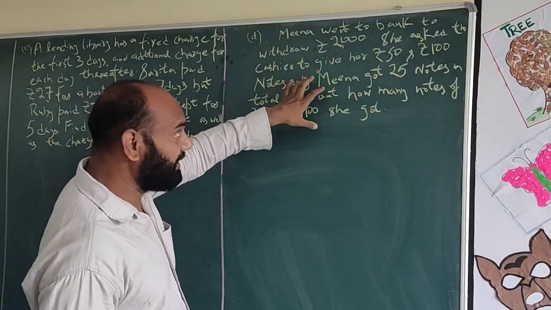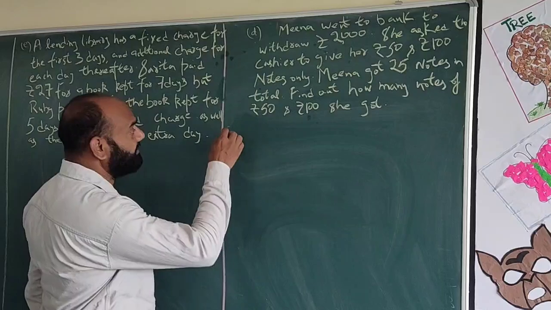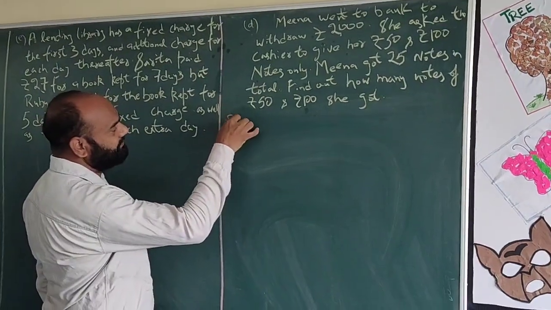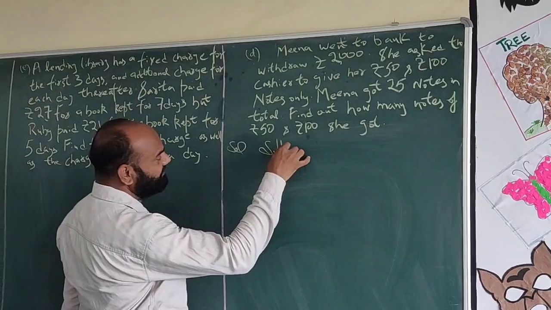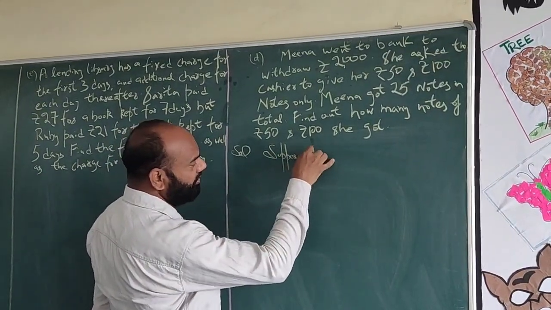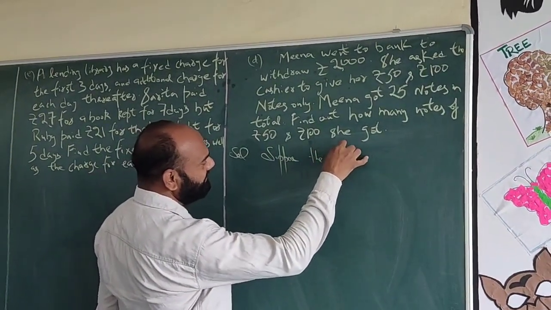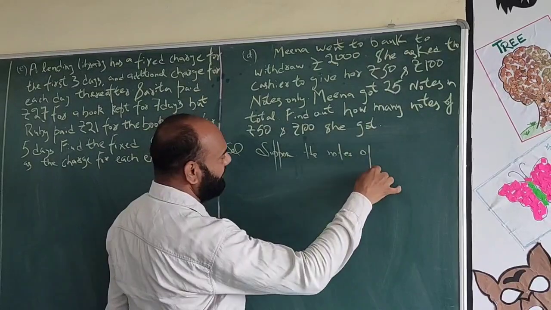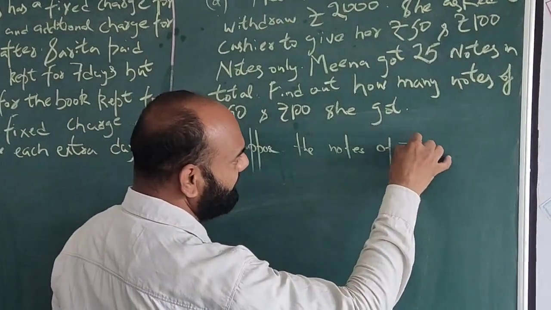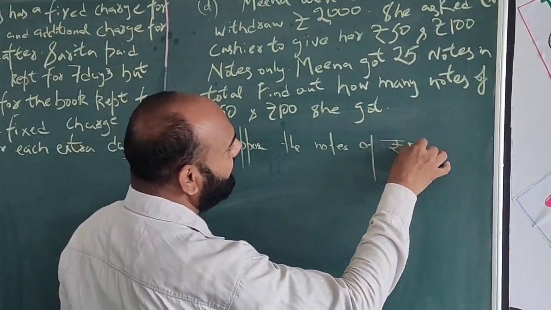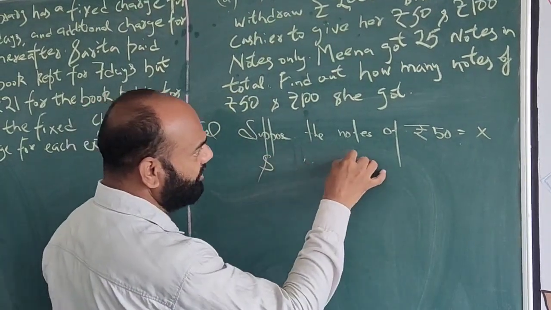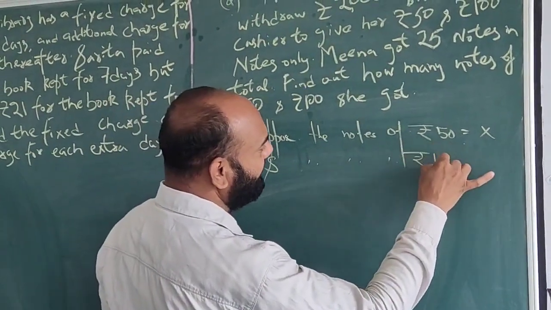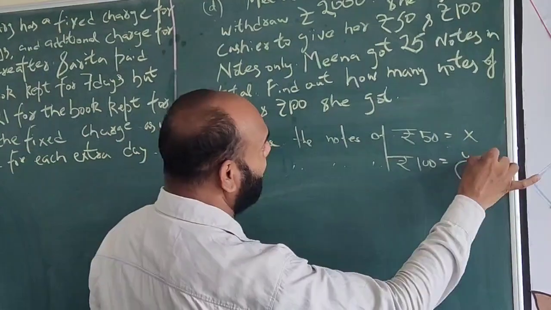So first of all, suppose the notes of rupees 50 is equal to x and the notes of rupees 100 is equal to y.